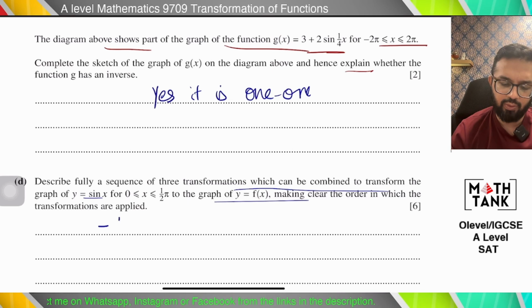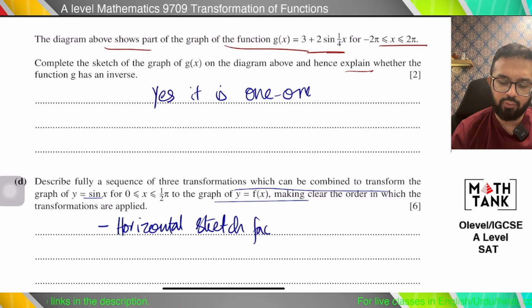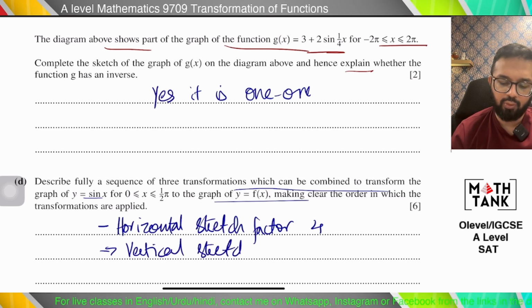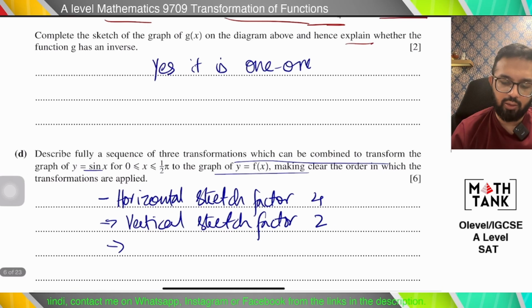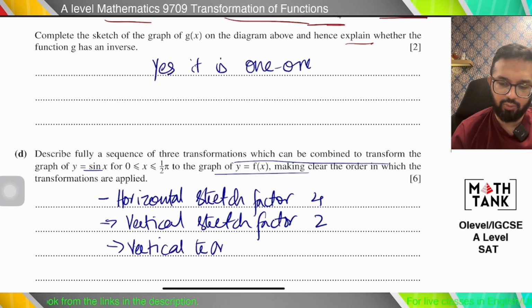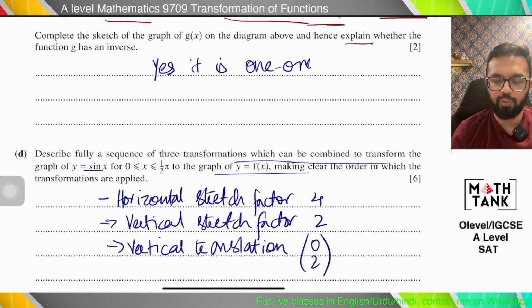So I'm going to first say horizontal stretch, factor 4, vertical stretch, factor 2, and vertical translation 0 2. I think that's the easy part of this question.